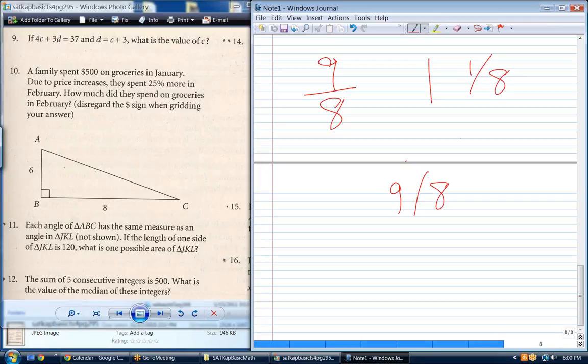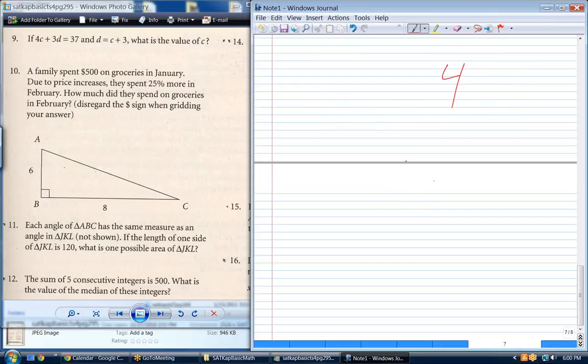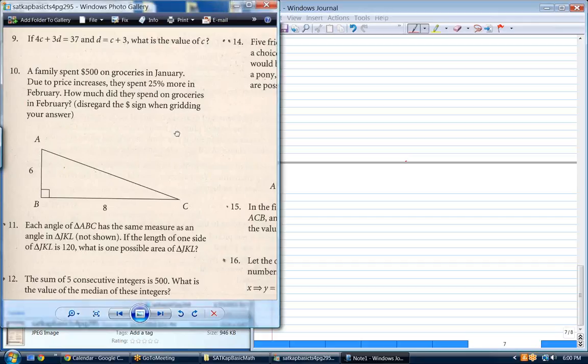Otherwise this could be read as 11/8 by the gridding system. So far we've only had whole numbers, and those you can't really mess up. In other words, you'd go over to the last digit and write that. All right, number 10.